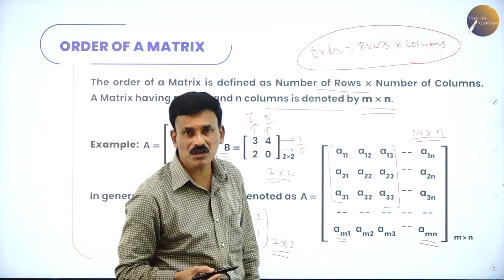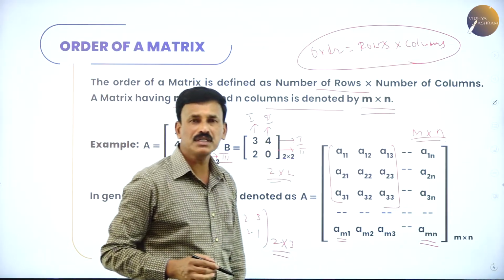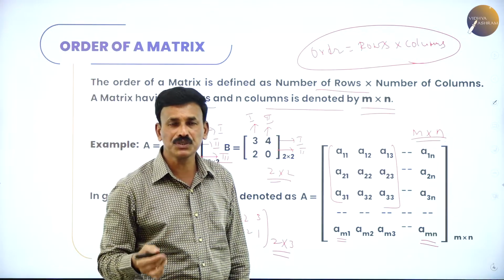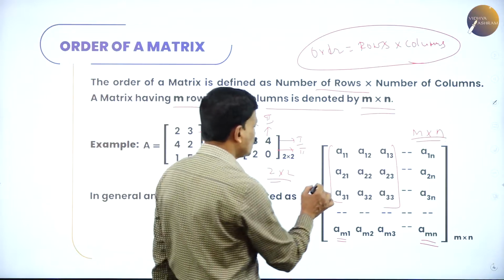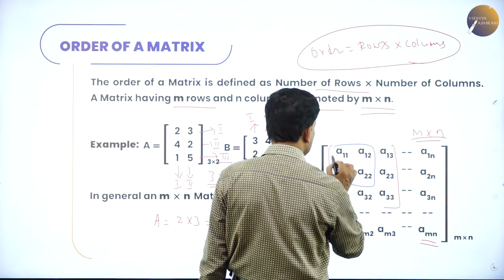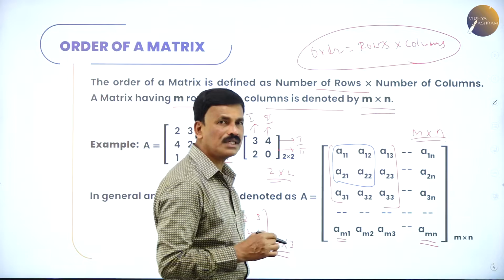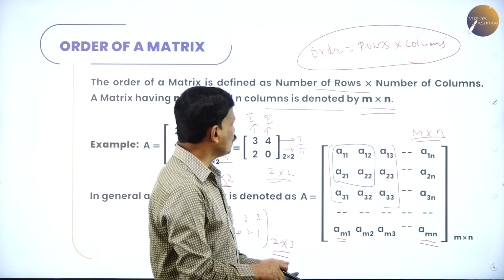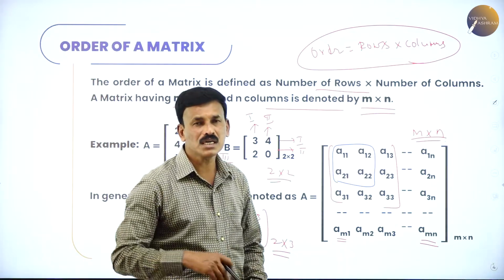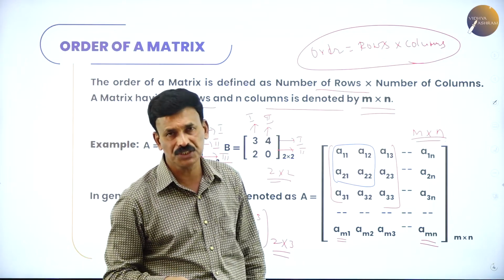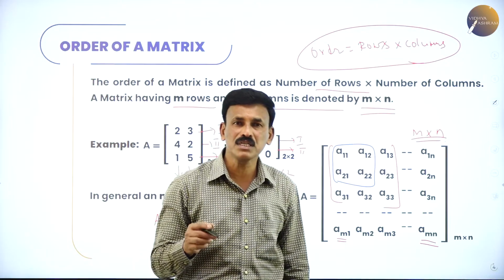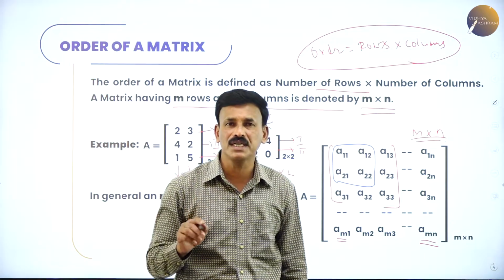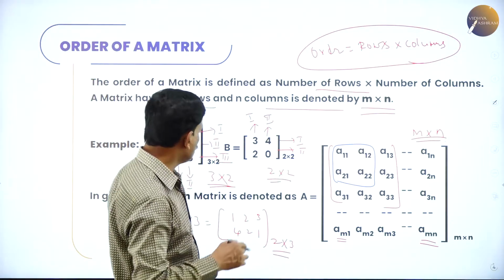Suppose you want to construct a matrix of order 2 rows 2 columns with the given condition Aij, we can use these elements: A11, A12, A21 and A22. Once you know this concept, then you can construct a matrix of given condition. This is the concept we are going to use to construct a matrix depending upon the given conditions for i and j. So this is regarding a matrix.